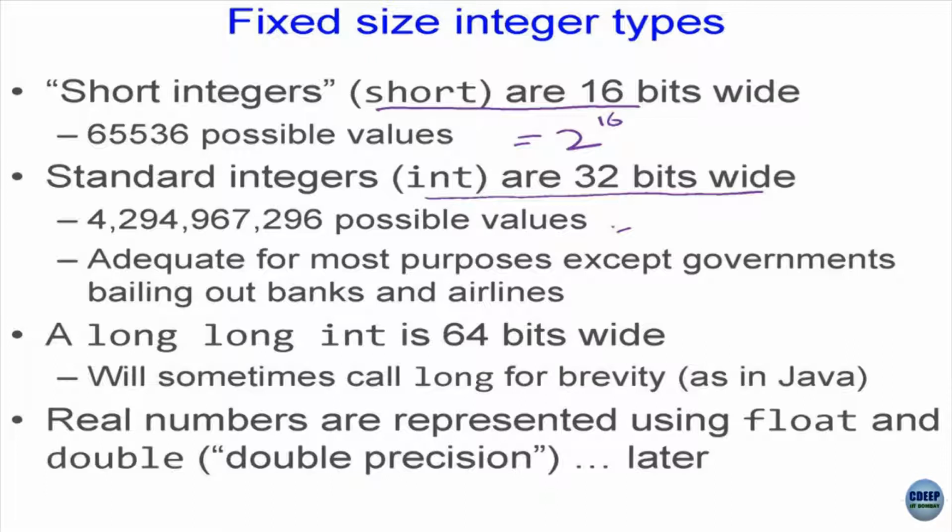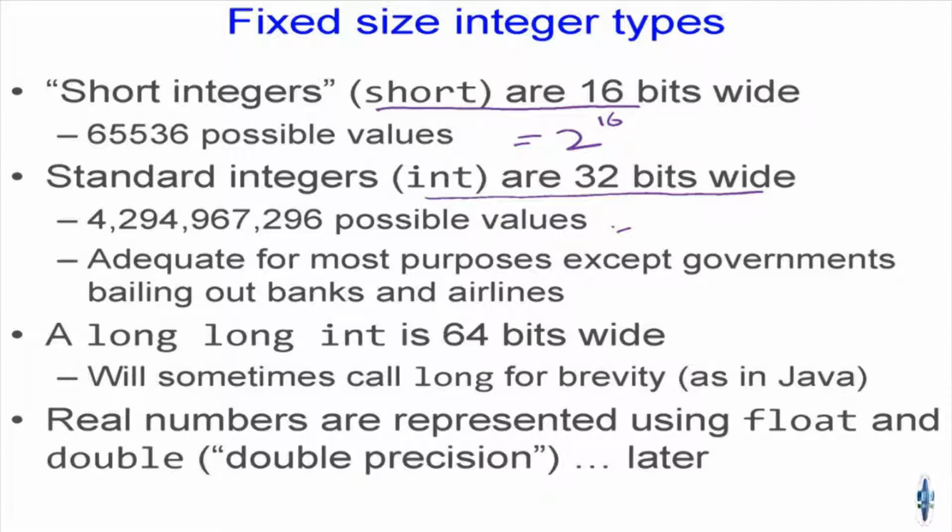Those are the number of unique values I could store in a short int. It could be a combination of negative and positive integers, but those are the number of values I can store. It's finite precision. All of the representations are going to lead to finite precision, because we are ultimately dealing with fixed size Boolean representations.